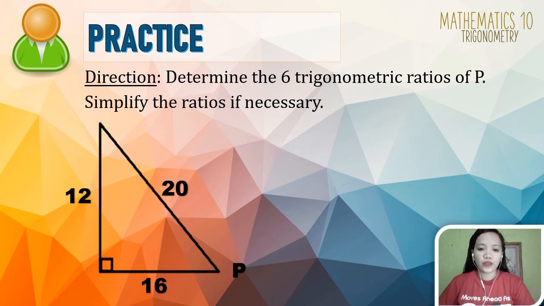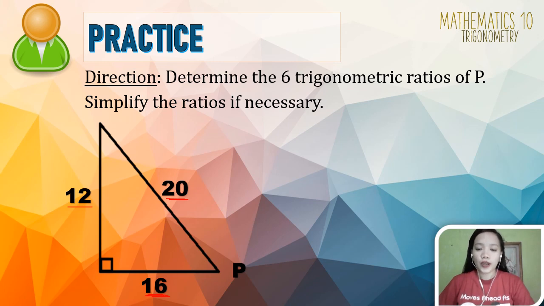So as you can see, we have here one of the sides measures 20 and the other side measures 12. And then lastly, the third side measures 16. So we can say that the details on the measures of the sides of the given triangle are all given. So that means we can proceed with getting the 6 trigonometric ratios.